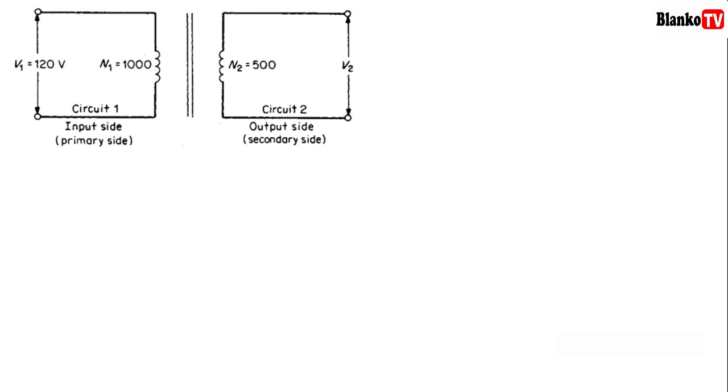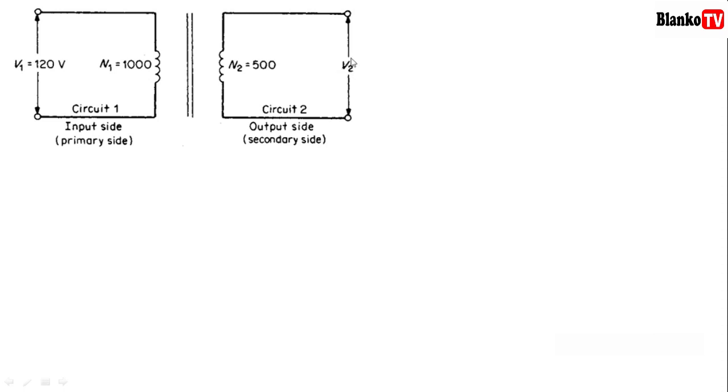Okay, so we have our diagram. This diagram represents an ideal transformer. We have our primary side and then we have our secondary side. We have V in, which is the primary voltage, or V1, which is 120 volts, and then N1, the primary number of turns, which is 1000.